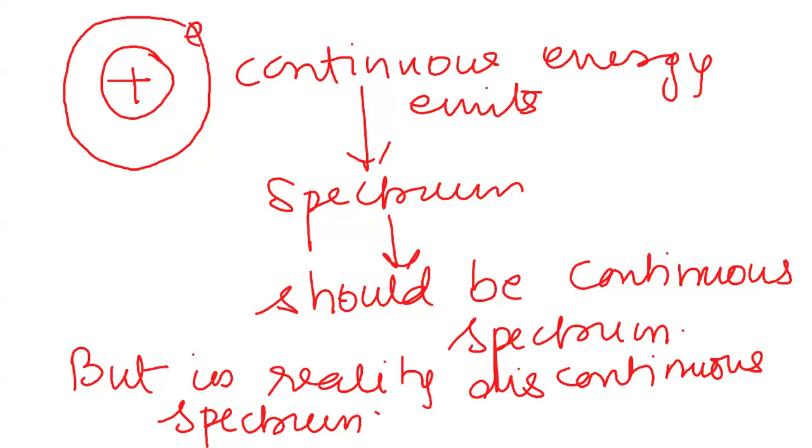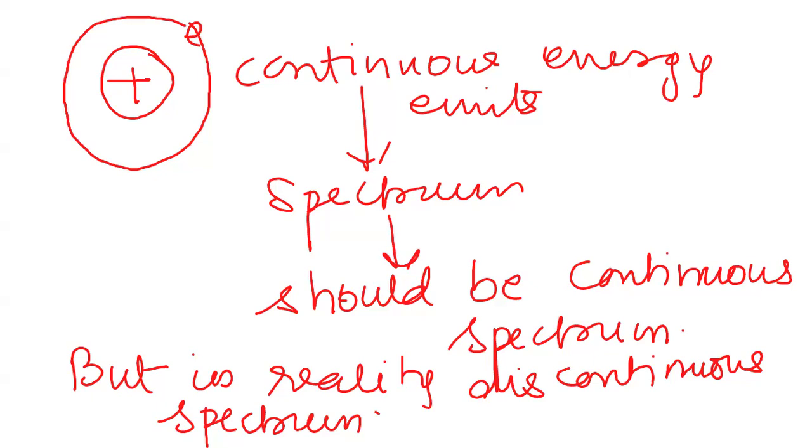Then after that you give the conclusion, which is that there must be a large empty space within the atom, because most of the alpha particles went straight through the gold foil.